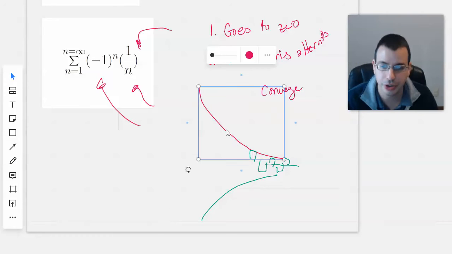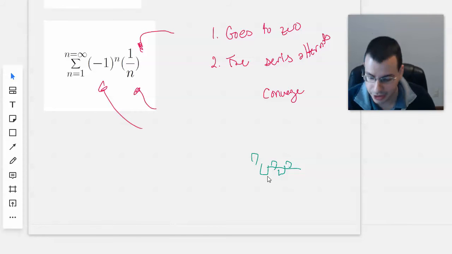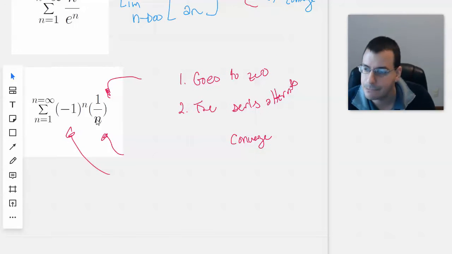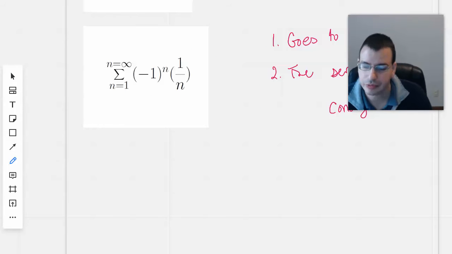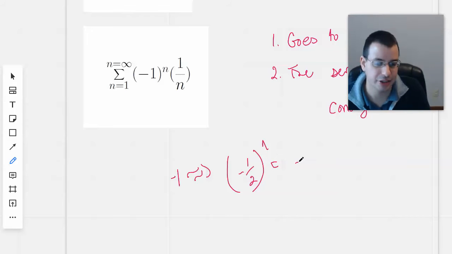And so the two points you have to keep in mind is, one, the function has to go to 0, and the other one is that the series has to alternate. So this -1, you might see it sometimes in something along the lines of maybe -1/2 to the n, where you can then look at this as -1 to the n times 1/2 to the n.